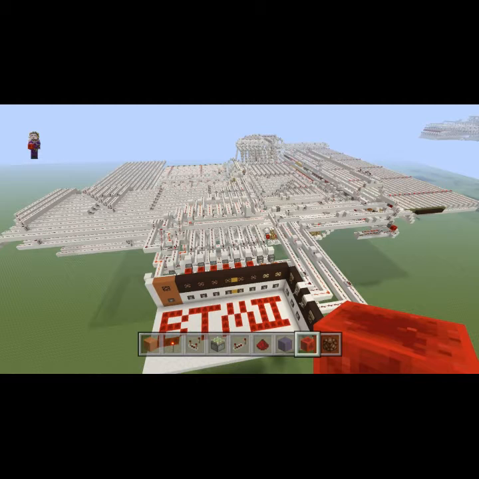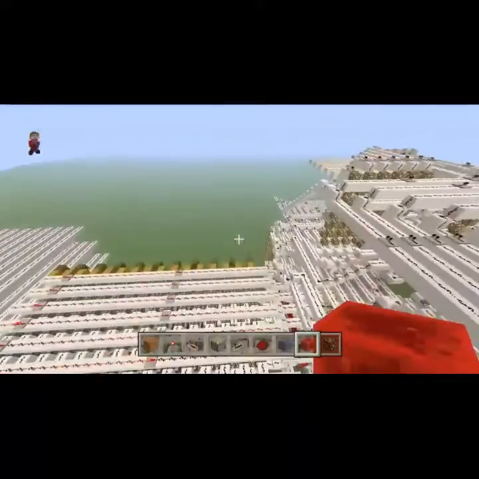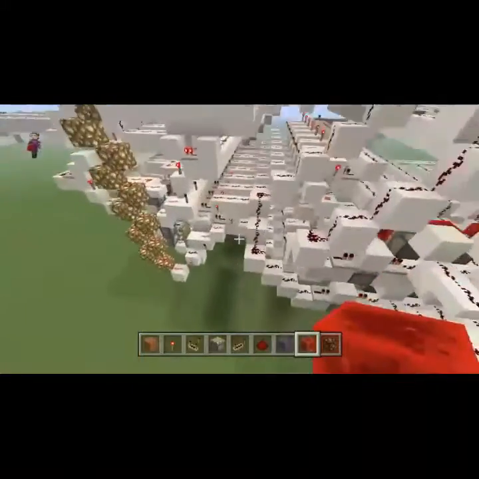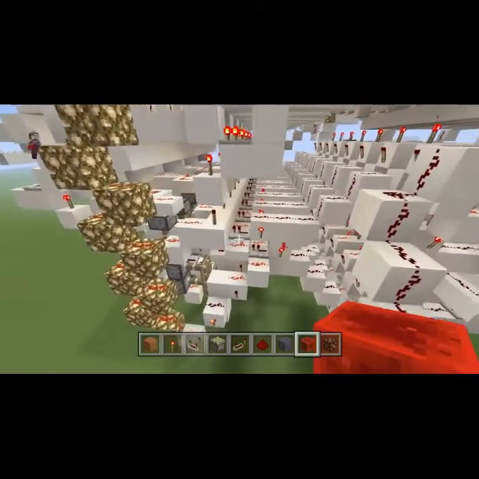Now, the ALU is completely different as far as the architecture of it. On this one, I am running, I think, a carry look-ahead adder, or a CLA.